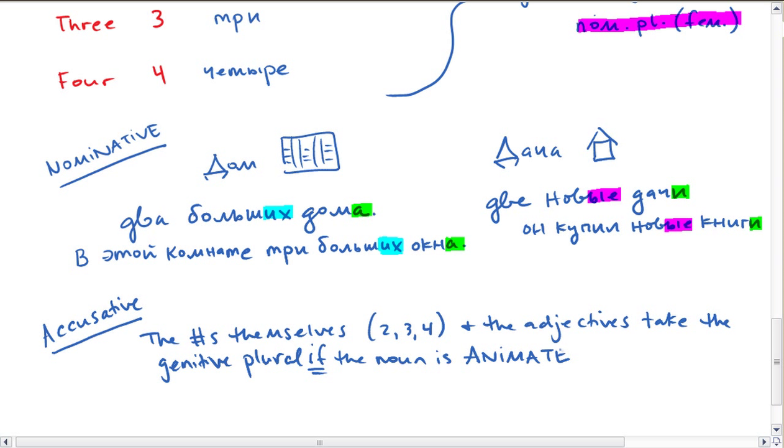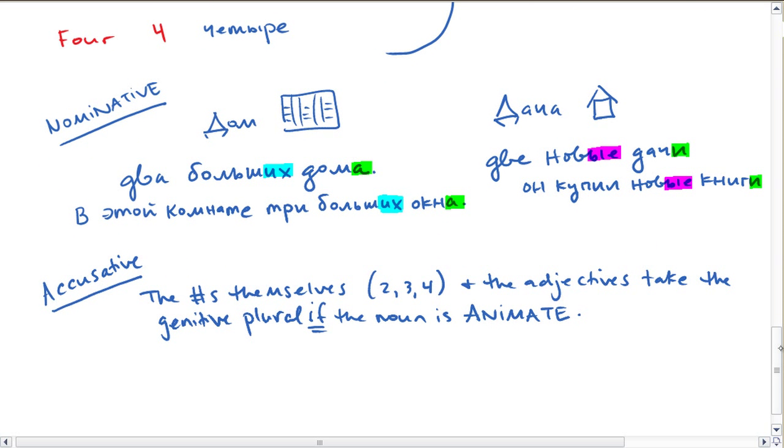Right, we always have to pay attention to whether the noun is animate or inanimate when we're talking about the accusative case. But now it doesn't matter if it's masculine or feminine, but it matters whether it's a table and not alive or if it's a little boy and alive.